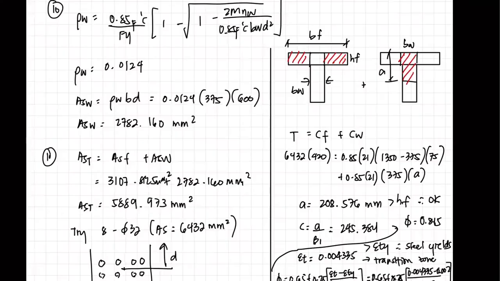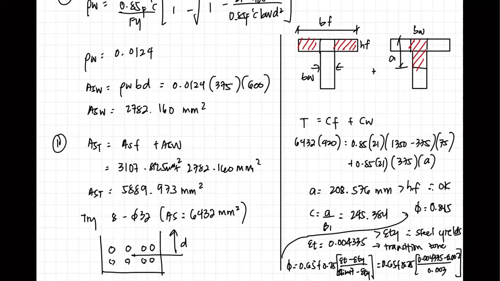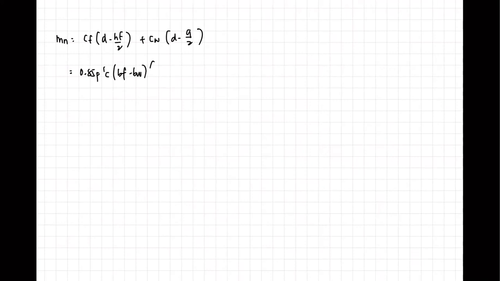Okay? So, pag-calculate ng moment, gamitin lang natin yung moment is equals to yung formula natin ng CF is D minus HF over 2 plus CW D minus A over 2. Okay? So that is 0.85 F prime C times BF minus BW times D minus HF over 2 plus 0.85 F prime C then BW times A times D minus A over 2.